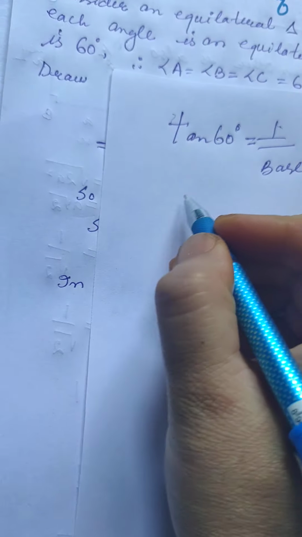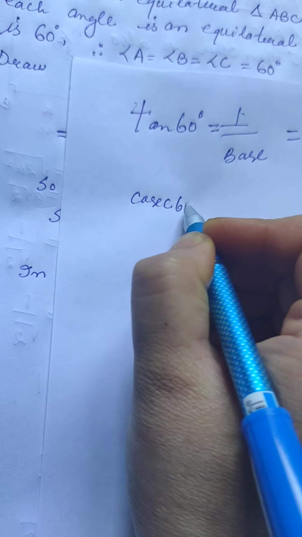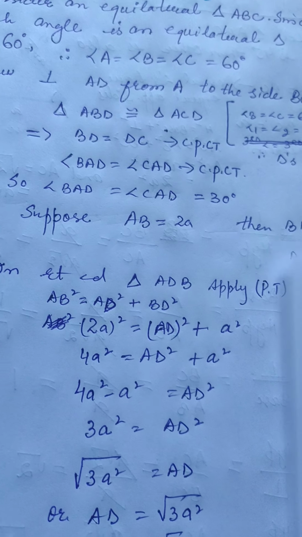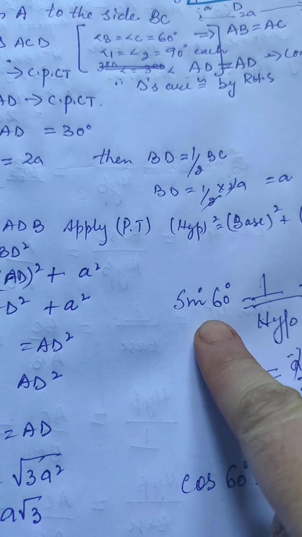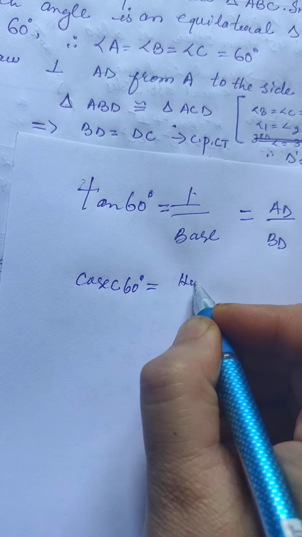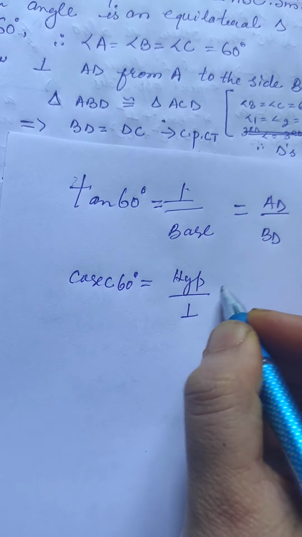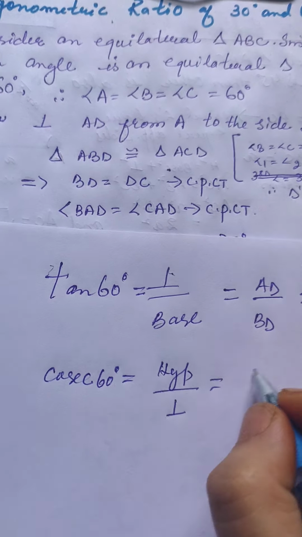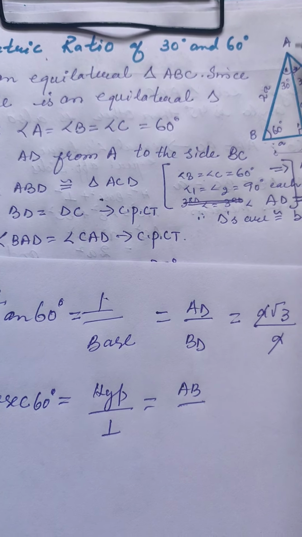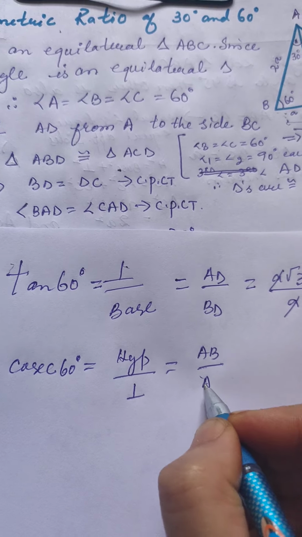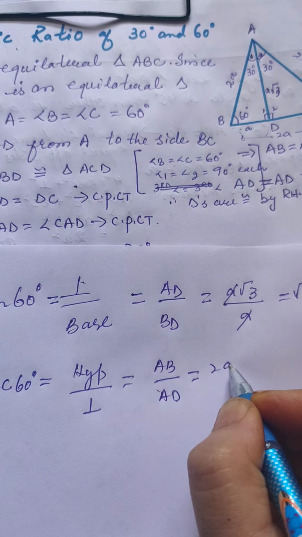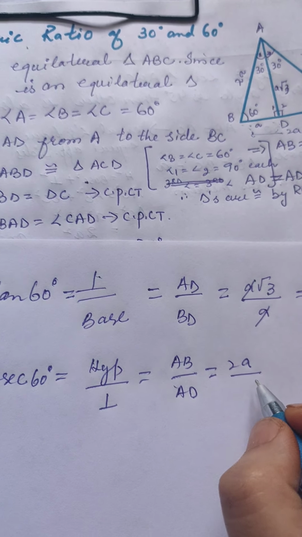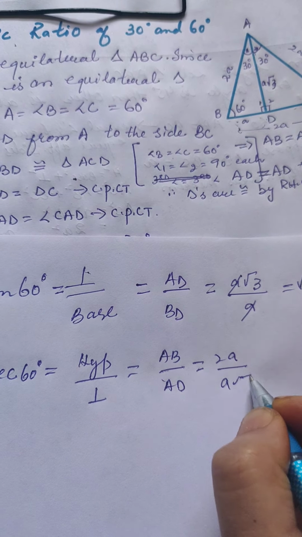Now the reciprocal of sine is cosec 60. If sine 60 is perpendicular by hypotenuse, then cosec is hypotenuse by perpendicular. The hypotenuse is AB and the perpendicular is AD. Substituting the values, 2A by A root 3.